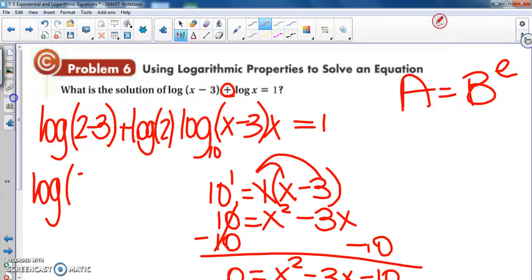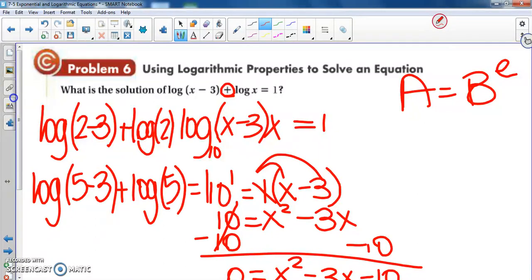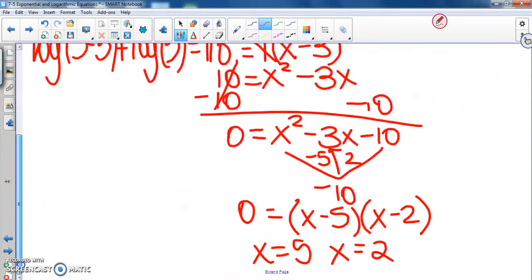Is the log of 5 minus 3 plus the log of 5 equal to 1? And our first answer, when we plugged in 2, we get a negative, so that's not going to be a real answer. So that is extraneous, and our solution is x equals 5.